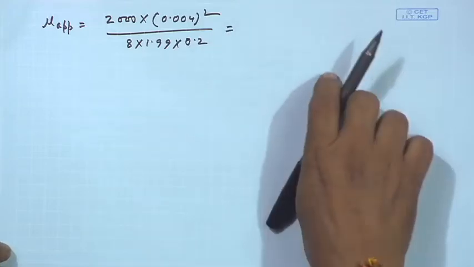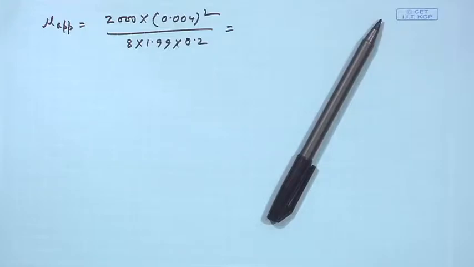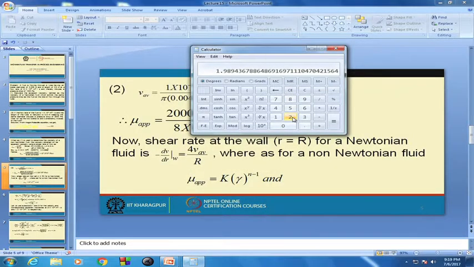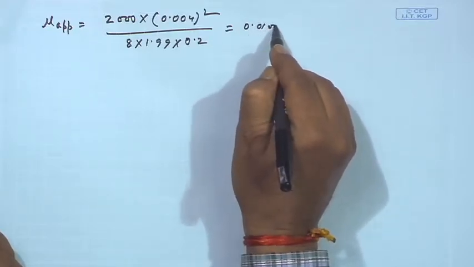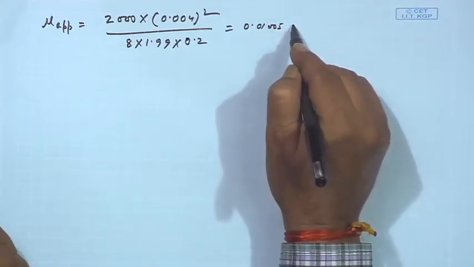So this comes equal to 2000 into 0.004 square, that is this much, divided by 8, divided by 1.99, divided by 0.2, 0.01005, right, so much Pascal second.